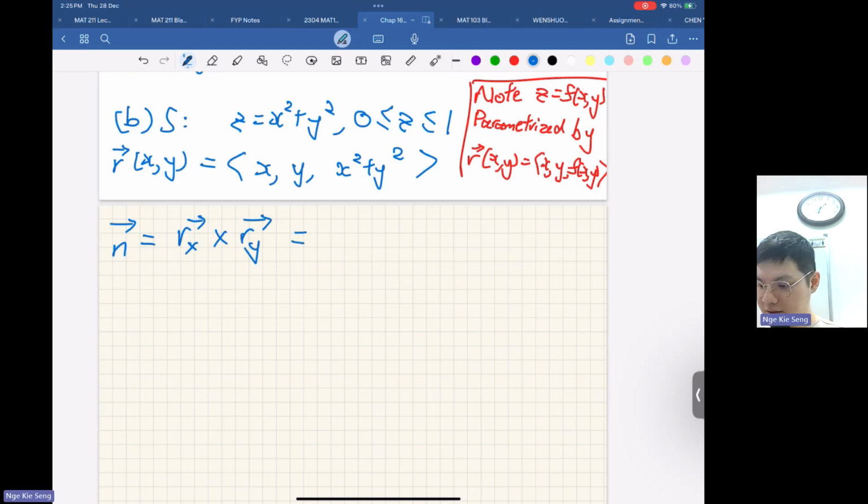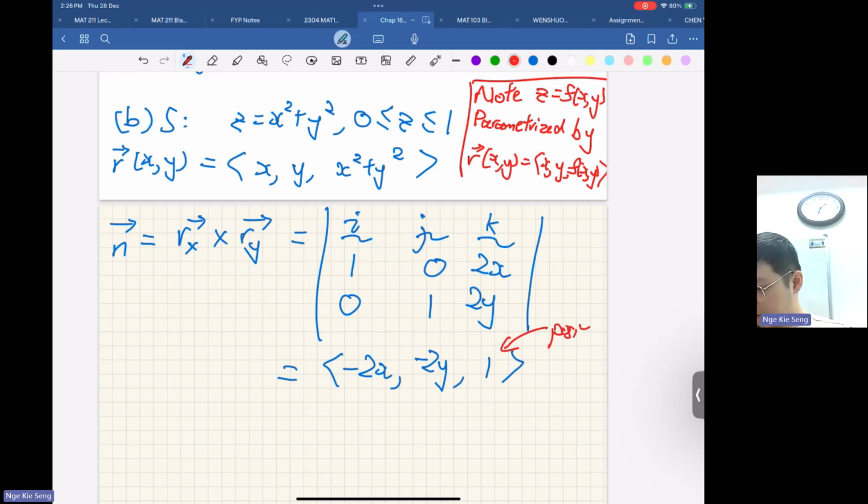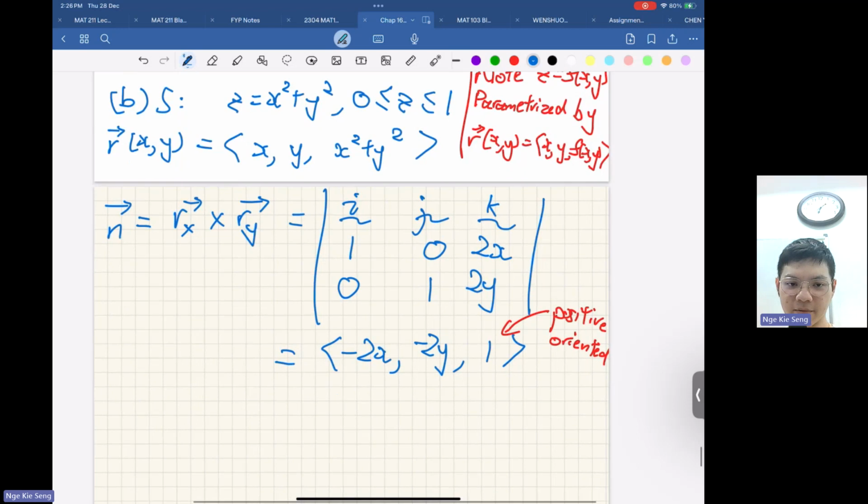Rx is 1, 0, and 2x. Ry is 0, 1, and 2y. If you cross these together, you get minus 2x, minus 2y, and 1. Note that this is positively oriented, because it has a positive k component. Note that in the theorem we need this positivity, although I won't play tricks in your exam.